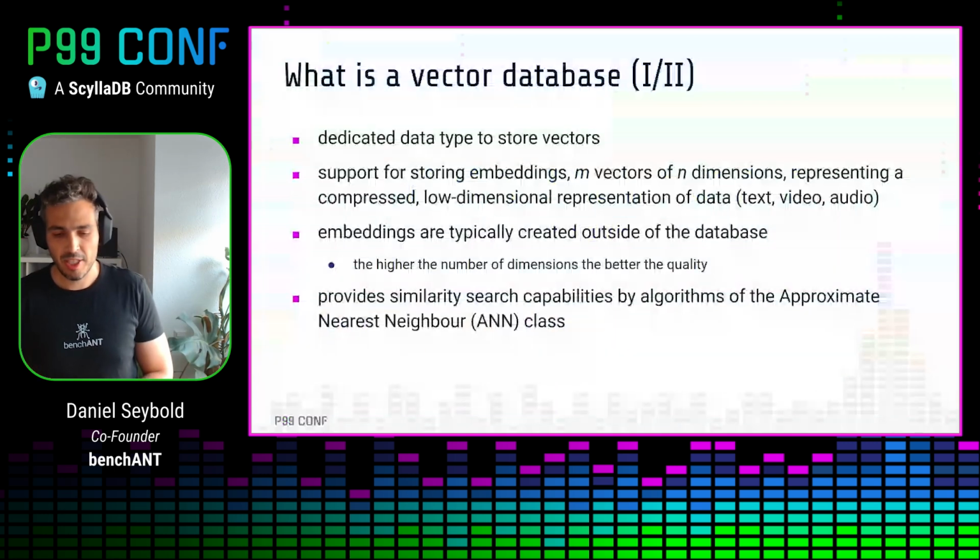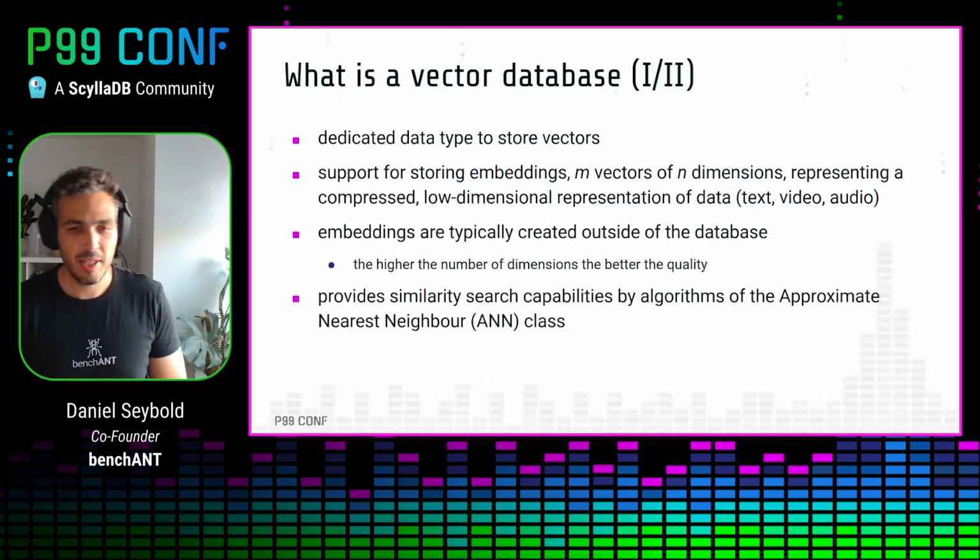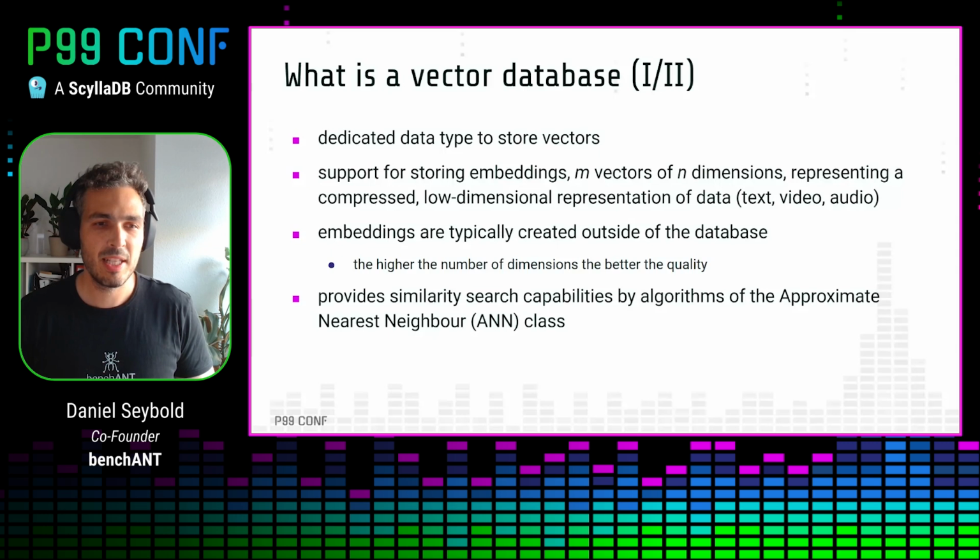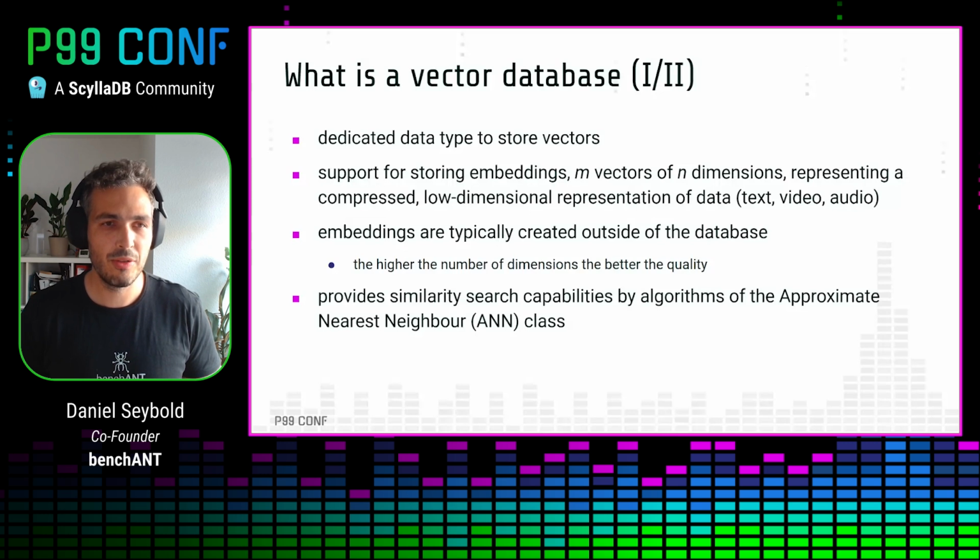But as already said, vector databases are the new thing in the database landscape. A few words on vector databases themselves. Vector databases basically support the storage of vectors, which are a list or an array of numerical values. And vector databases provide dedicated data types to do that.